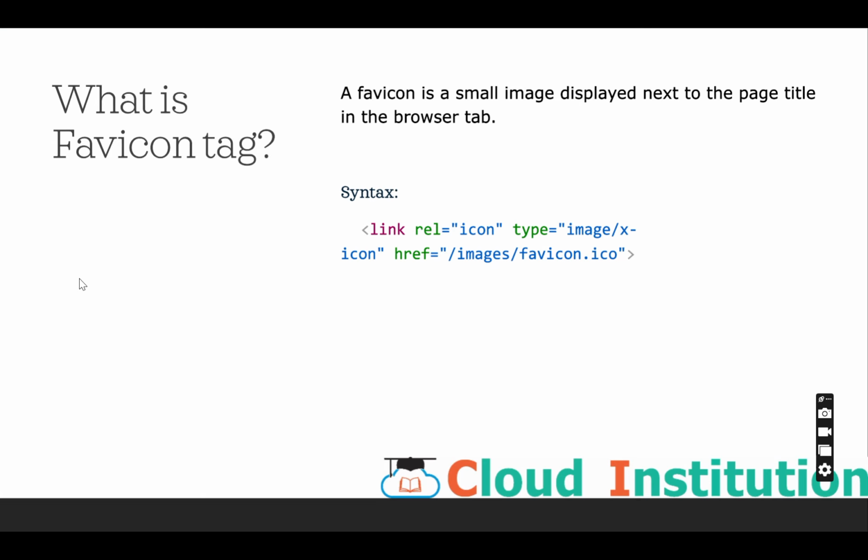That is, what is a favicon tag? We have the chapter called what is a favicon tag. So what is the purpose of this favicon tag? For example, I want to display an image or a logo for your website. You are creating your website and there is a logo of your brand, and you want to display it beside your website title.